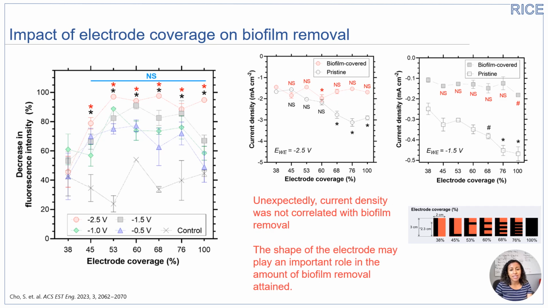One of our hypotheses about the mechanism behind this trend was that there's a minimum amount of bubble generation that is needed to scour the biofilm fully. And once that is met, any extra current that we supply is not really needed.